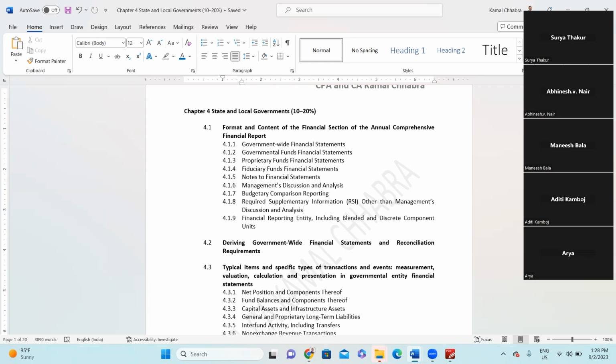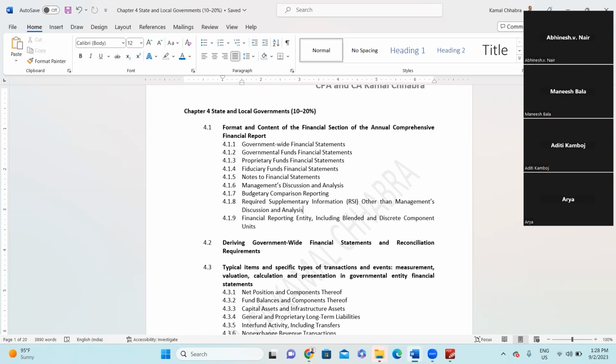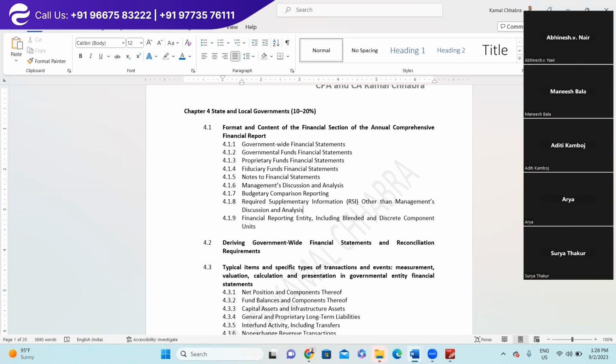To them we allocate certain funds for the benefit, or the implementation of government policies, so they also need to maintain a separate financial statement. Next is notes to financial statement, then management discussion analysis, which we discussed in the morning. Then budgetary comparison reporting. Every month the finance minister does budget versus actual analysis countrywide.